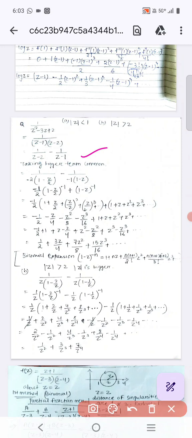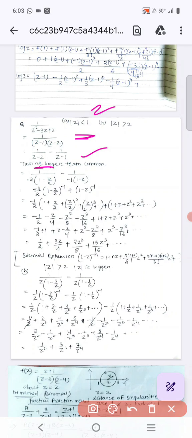Then in the other case, since z is less than 1, we take 1 common, that will be 1 minus z. The denominator will come to the numerator, so that will be minus half into 1 minus z by 2 to the power minus 1, and here minus minus plus 1 minus z to the power minus 1.